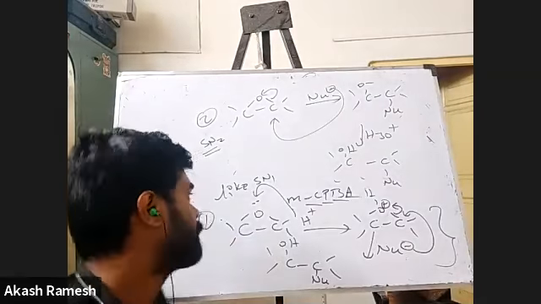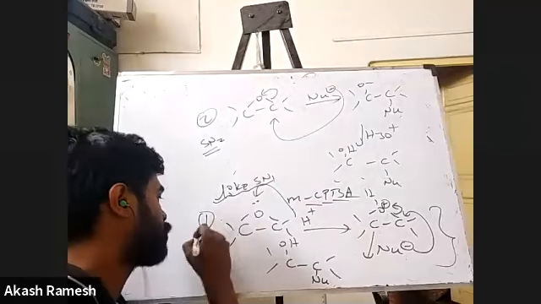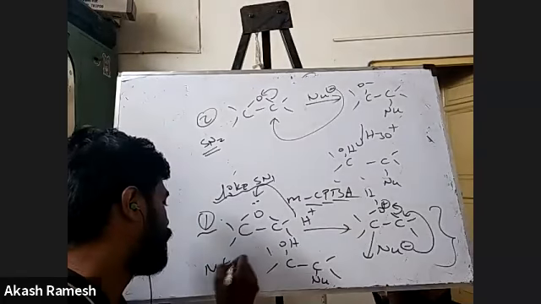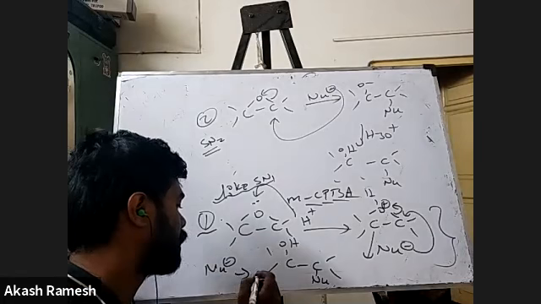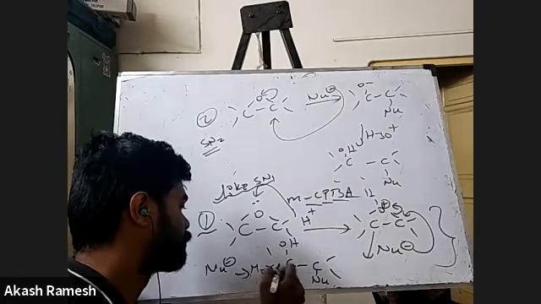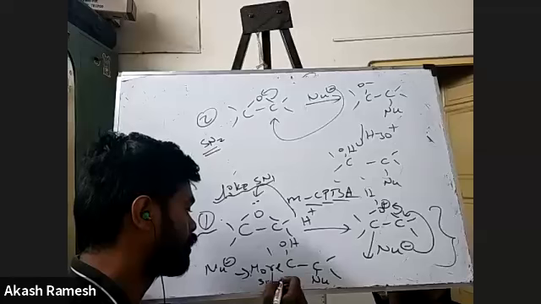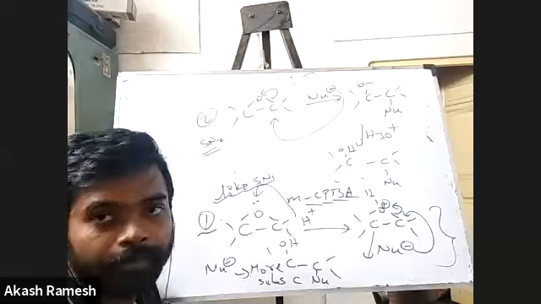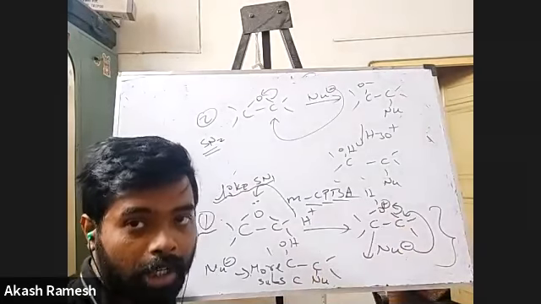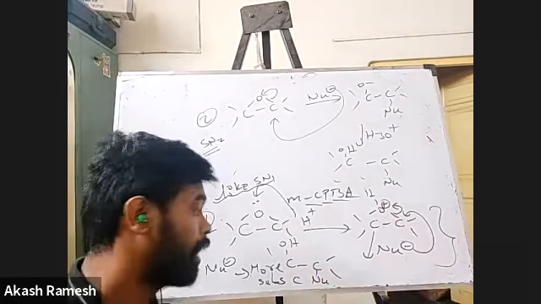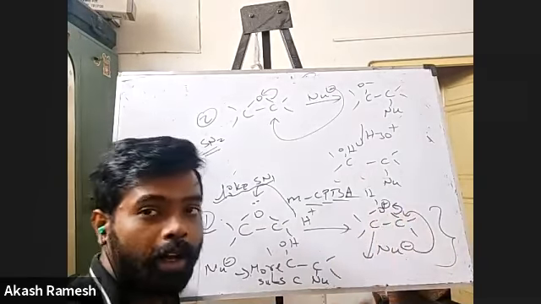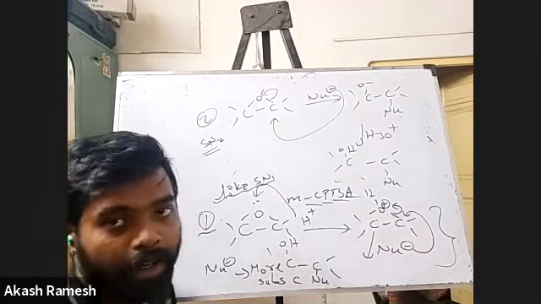Now please understand, if it goes like the SN1 mechanism, the nucleophile attacks the bigger or more substituted carbon. Out of these two, whichever is more substituted, I'm going to have a more stable carbocation in that case. So whichever carbon is more substituted will get the nucleophile.